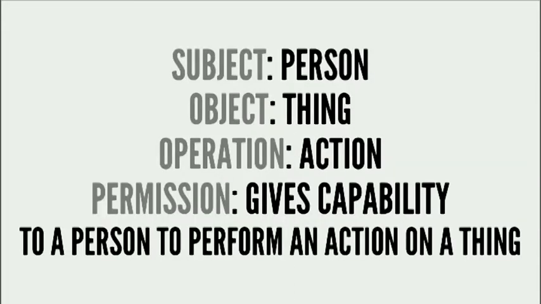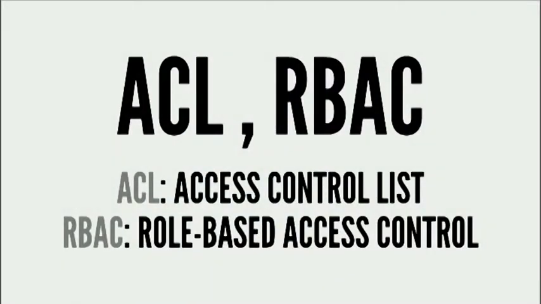And more simply, what I'm talking about is I'm going to limit my discussion to people having the capability to perform actions on things. And now I'm going to explain the two most widely known, most widely used approaches for managing permissions. And we're specifically here looking for which one has better UX. And these two things are access control lists and role-based access control.